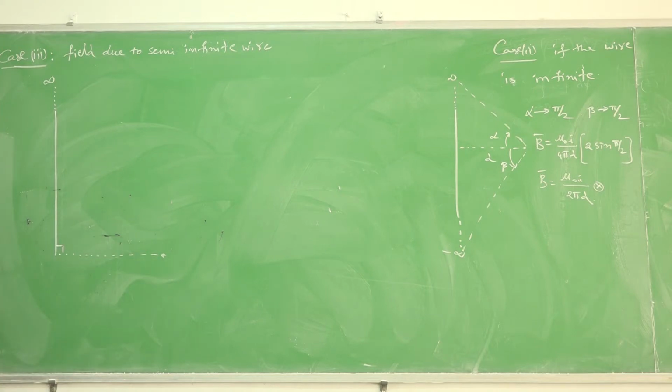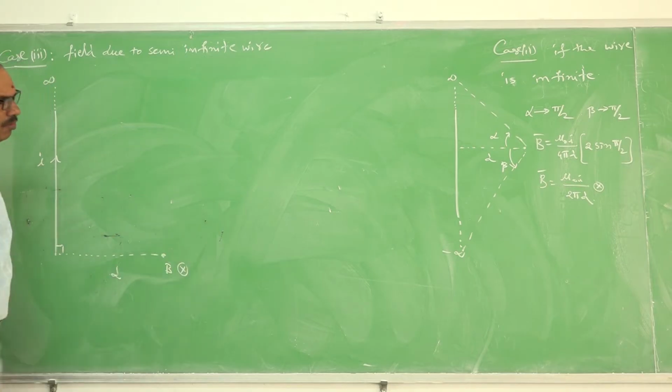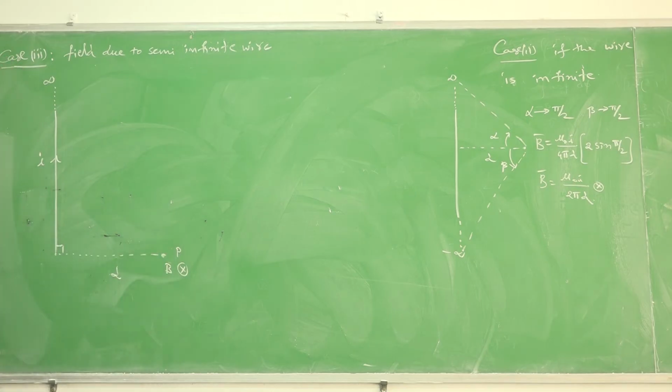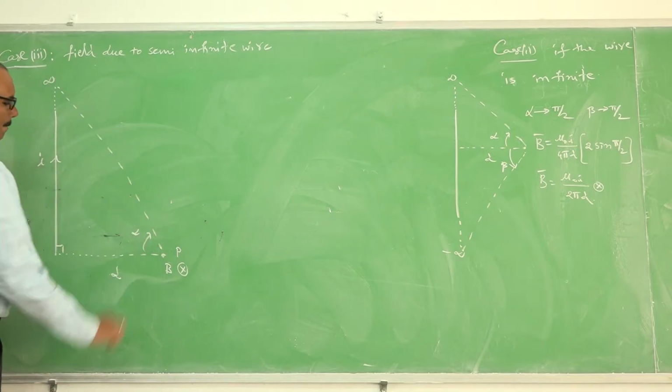In this case, here I is the strength of current passing, d is the distance of the point. We need to find the magnetic field here. B will be obviously into the paper as per the Fleming's right hand thumb rule. Now I would like to find B value here. Here this angle is alpha.